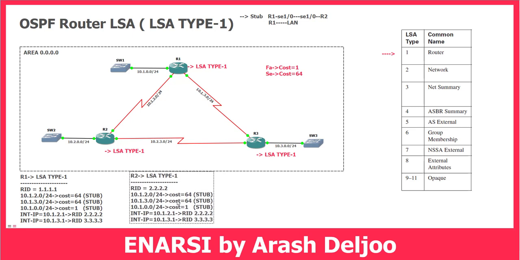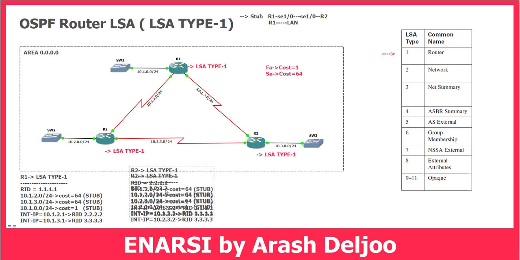Then I am connected to 10.20/24 with the cost of 64. This is a stub. And also I am connected to 10.200/24 with the cost of 1. This is a stub. With an interface IP of 10.122, I am connected to the router ID of quad 1. And with 10.232, I am connecting to router 3, or RID of quad 3.